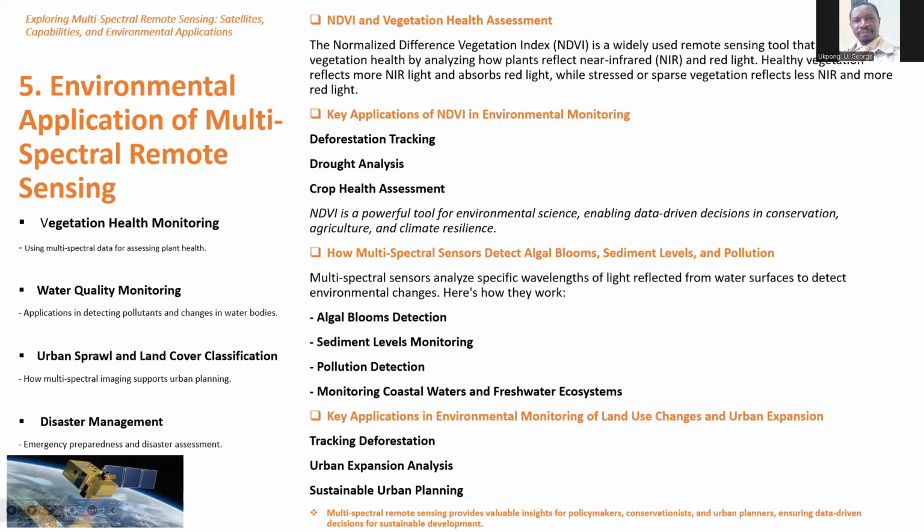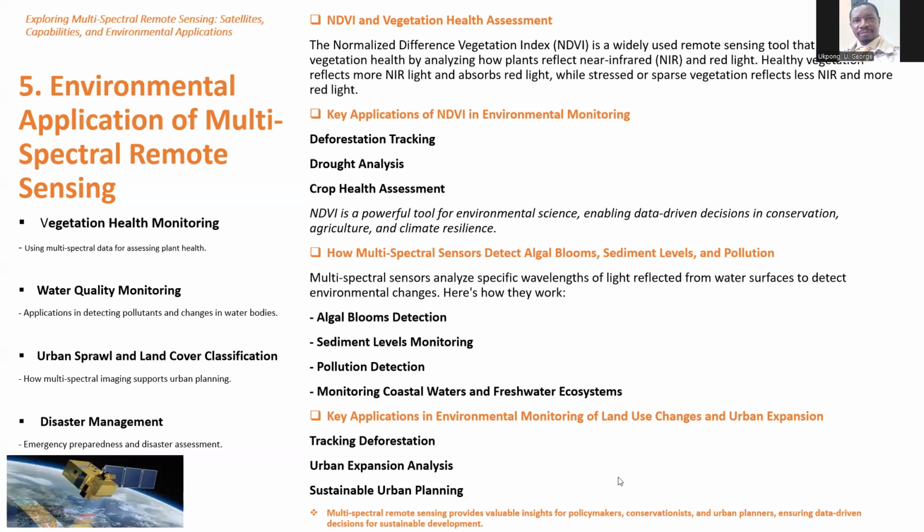If you're looking at how multispectral sensors detect algae blooms, sediment levels, and pollution, it is also applied there. So you see algae bloom detection, sediment level monitoring, pollution detection, monitoring of coastal waters and freshwater ecosystems.